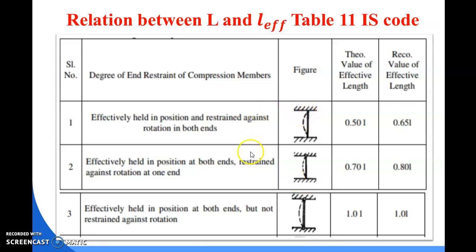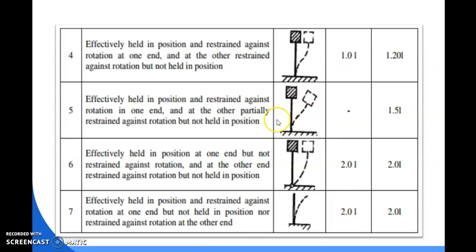According to this, you have to take the effective length value, which is this one and this one and this one, and the rest of the conditions are given as here. Okay.